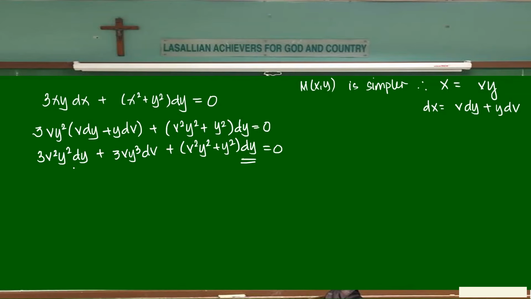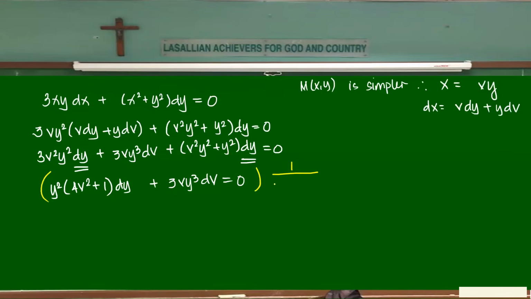So I'll combine those with dy and I can bring out y squared. 4v squared plus 1 dy plus 3 vy cubed dv. So now we can multiply everything by 1 all over 4v squared plus 1 at saka y cubed, right?